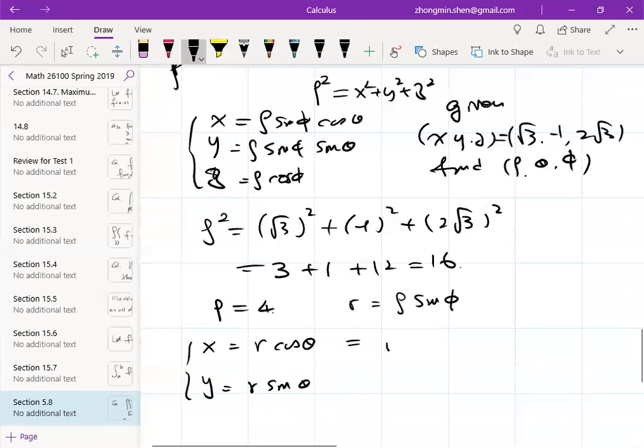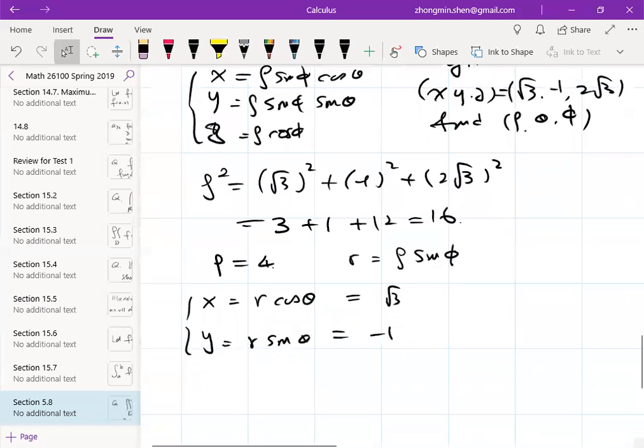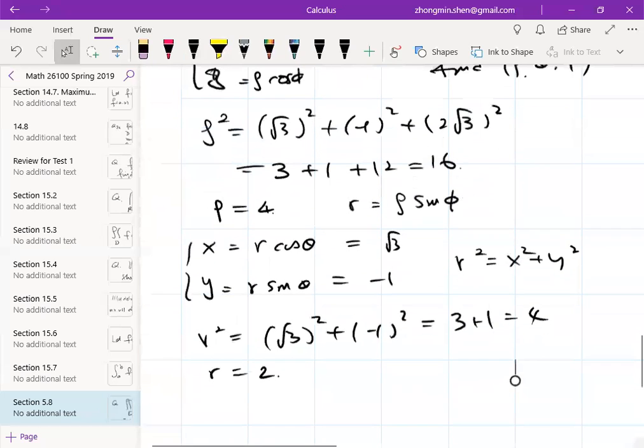So x is square root 3 and y is -1. From here, I can determine r. r squared is going to be x squared plus y squared, which is 3 plus 1, that's 4, so r is going to be 2. Great.